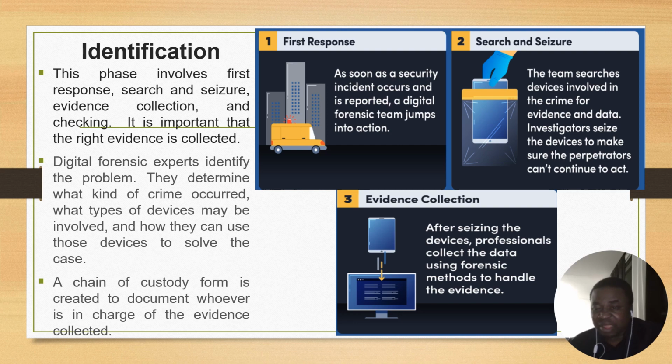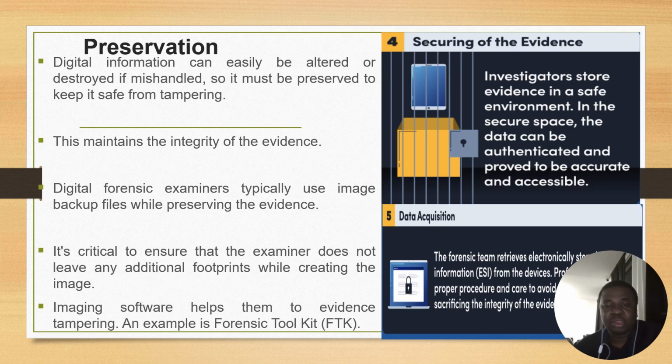The team searches devices involved in the crime for evidence and data. Investigators seize these devices to make sure the perpetrators can't continue to act. And then the evidence collection, which comes after seizing the devices. Professionals collect the data using forensic methods to undo the evidence.